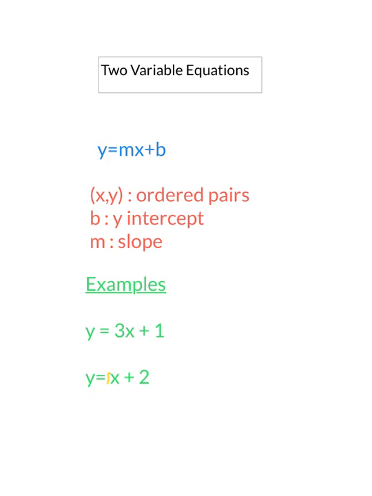So in this video, we're going to learn how to solve equations that look like this. And we solve equations that look like this by graphing. And remember, the solutions are all the ordered pairs that are x and y.